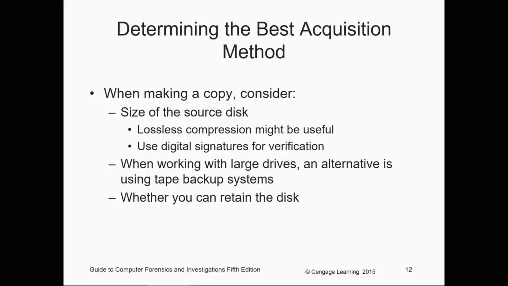So when we work with large drives, an alternative to using a drive could be just a tape backup, which is a little bit weirder, but I've seen that done. Our goal is to, again, retain the original disk when possible. And copies. We work off of copies.